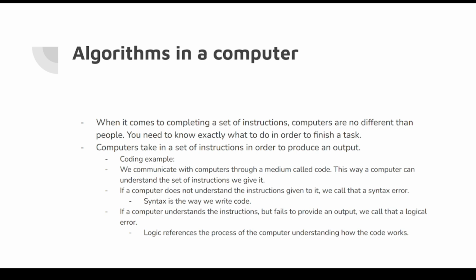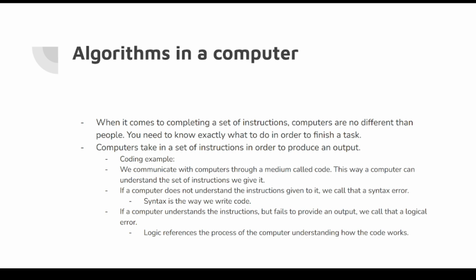Algorithms in a computer. When it comes to completing a set of instructions, computers are no different than people. You need to know exactly what to do in order to finish a task. So computers take in a set of instructions in order to produce an output. I'm going to use an example with coding. We communicate with computers through a medium called code. This way, a computer can understand the set of instructions we give it.